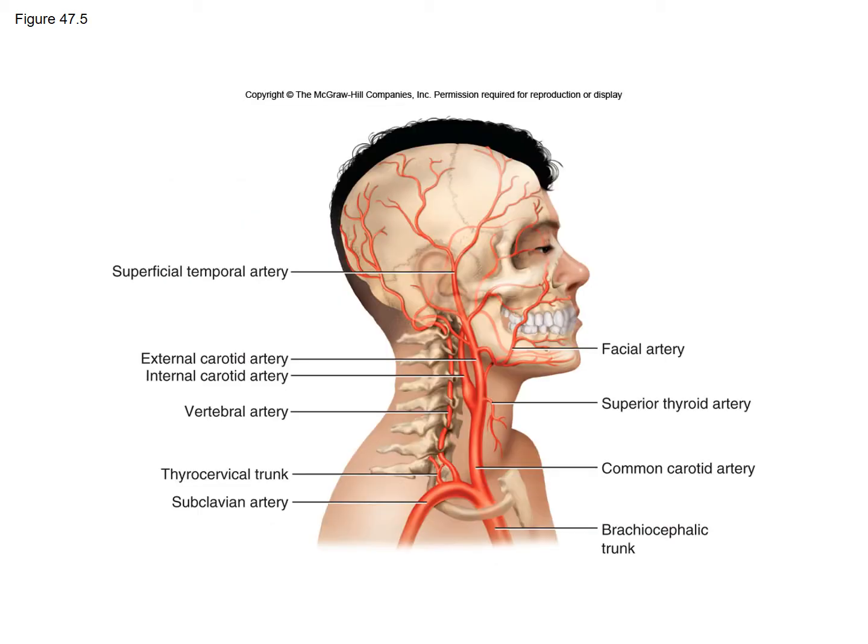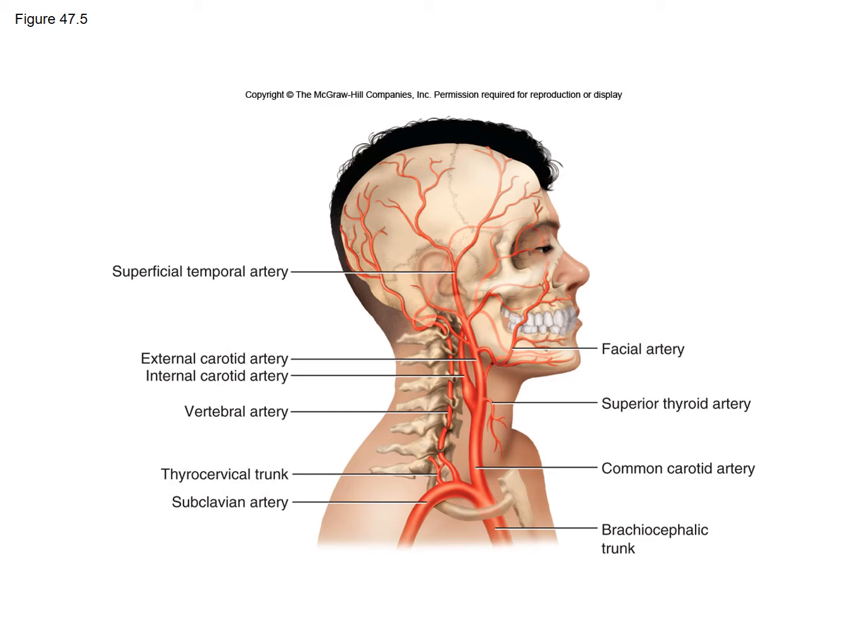I'm just going to tell you the names of the arteries and the veins. In most cases, the names are the same. So we're going to start with the arteries. The first one is the brachiocephalic trunk. Of course, this brachiocephalic trunk is a branch from, anyone know?